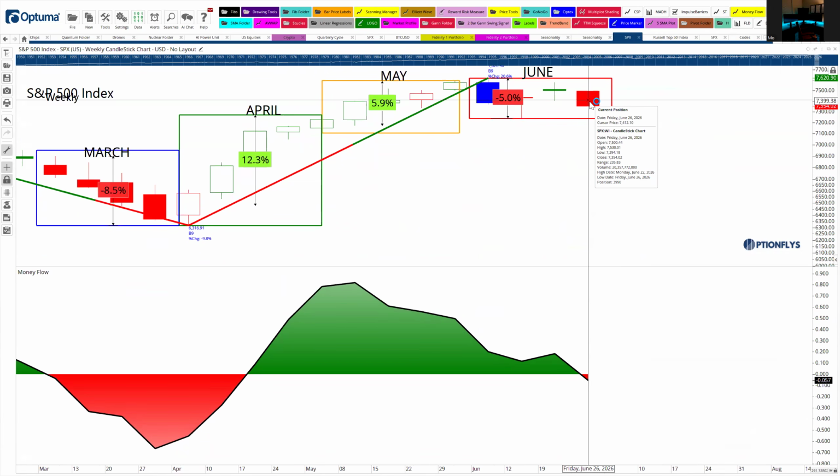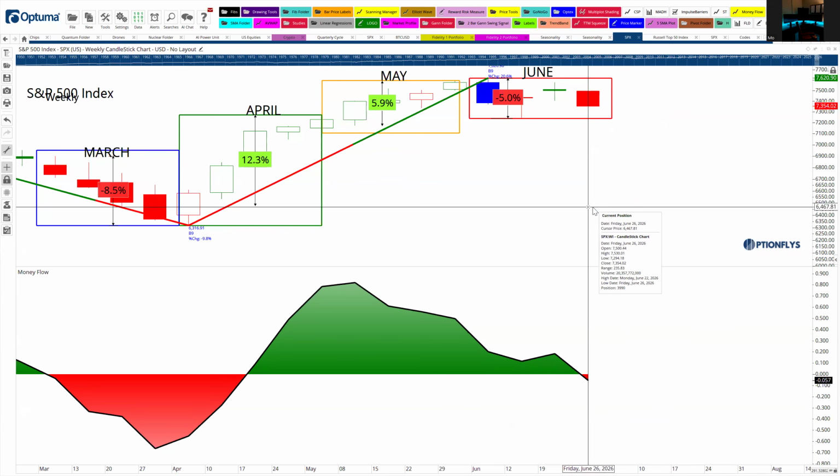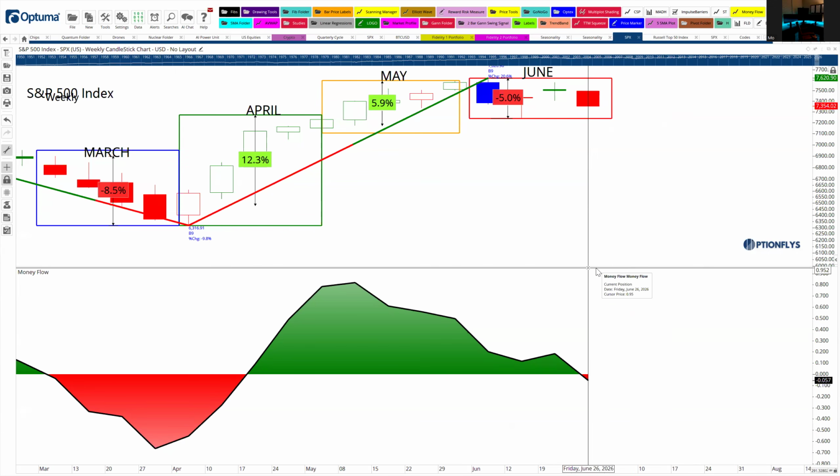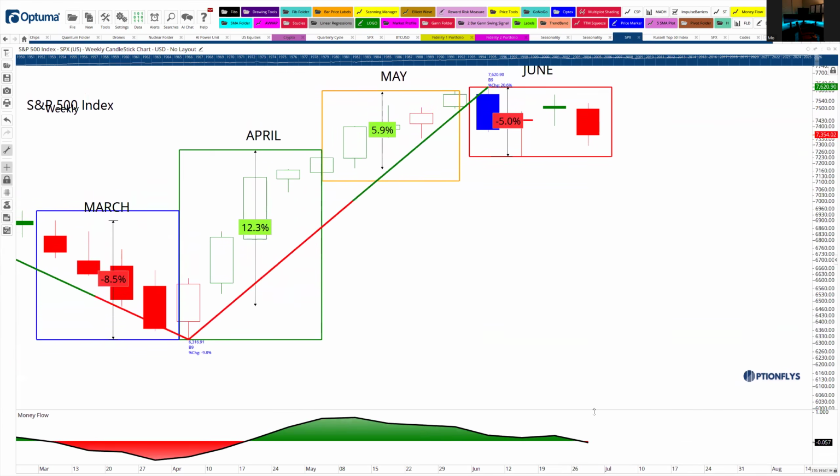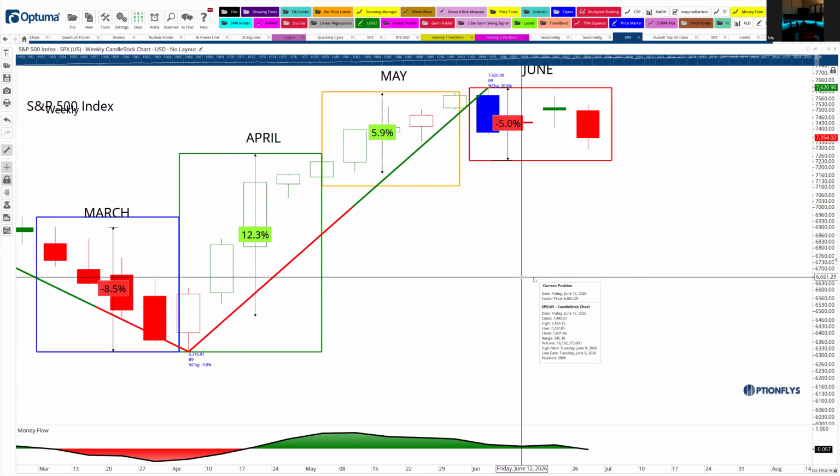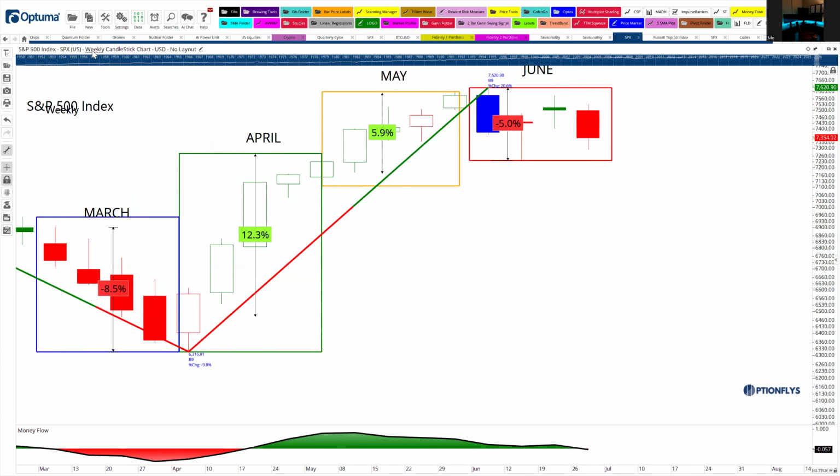I wanted to see how the month ends, but I'm definitely planning to put the hedge on the board for next month.